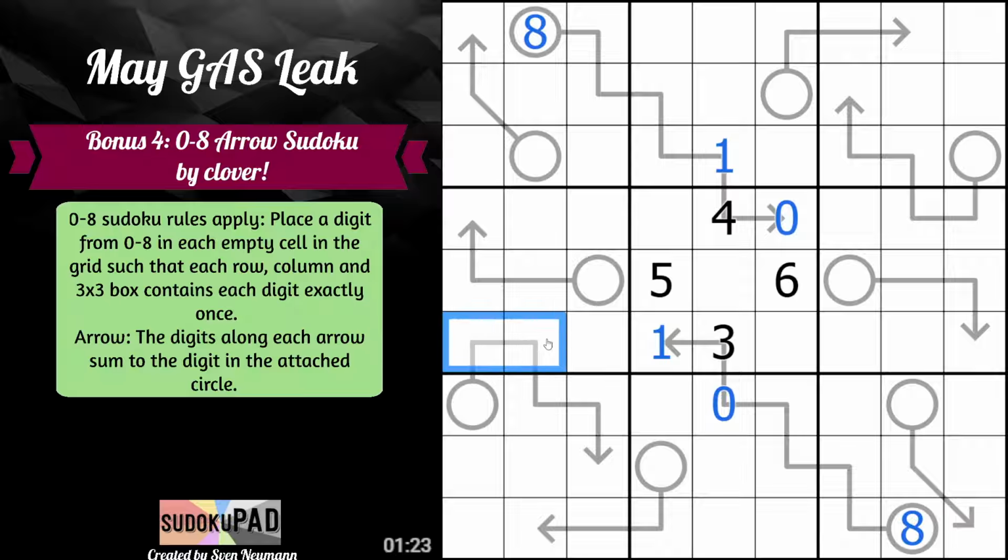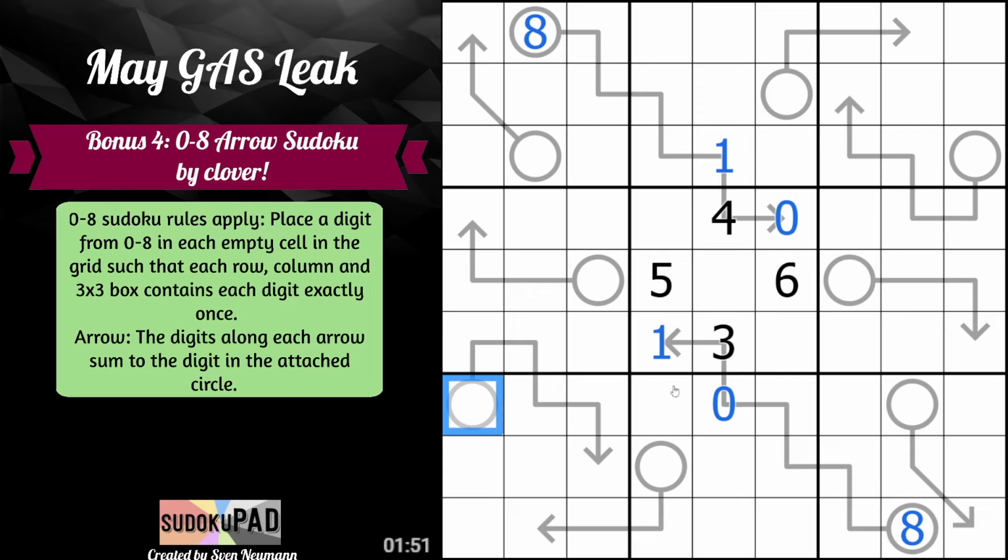Minimum here is 2. Then minimum here would be 0 here, and it can't be 1, 2, because we already know this is 1 or 2, so it would be 1, 3. So minimum here is 6. It's not that restrictive.